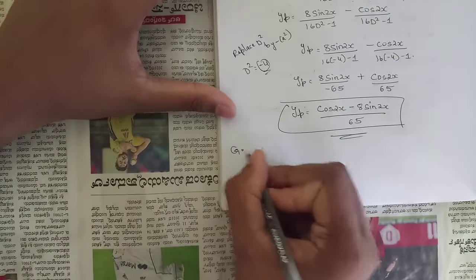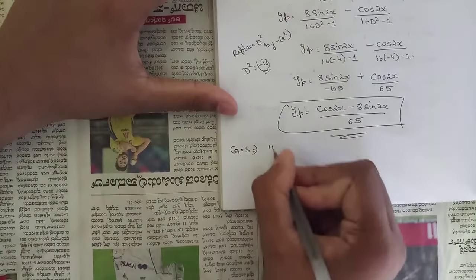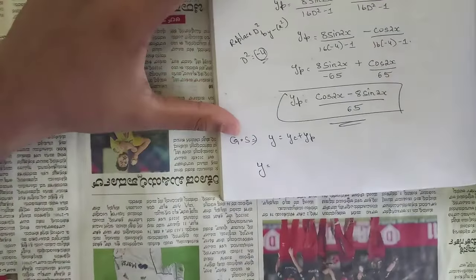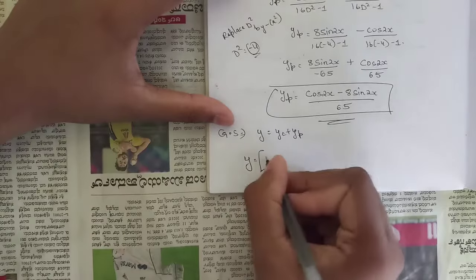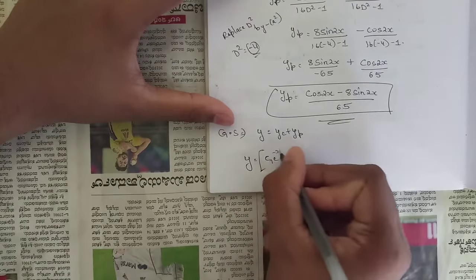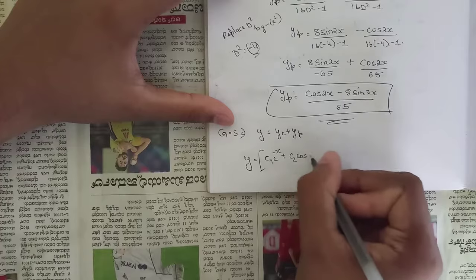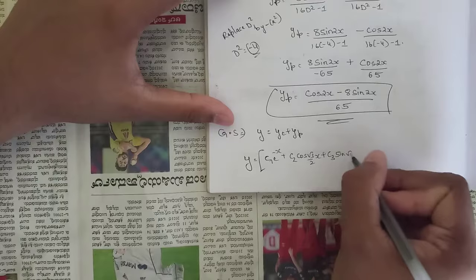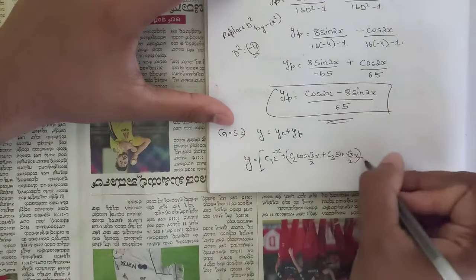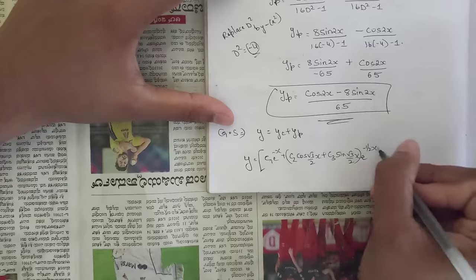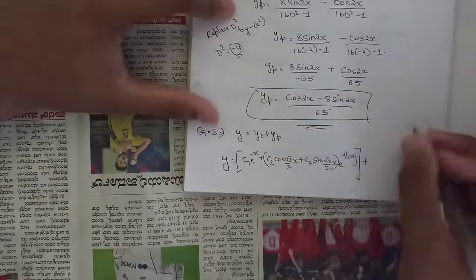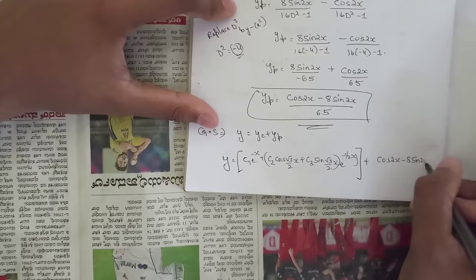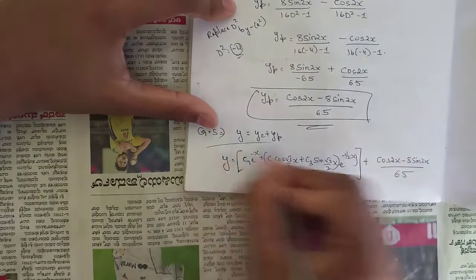Now we can write the general solution as y is equal to yc plus yp, right? So therefore y is, what we've got, the complementary function c1 e to the power minus x plus c2 cos root 3 by 2 x plus c3 sine root 3 by 2 x into e to the power minus 1 by 2 x, plus the particular integral cos 2x minus 8 sine 2x by 65.